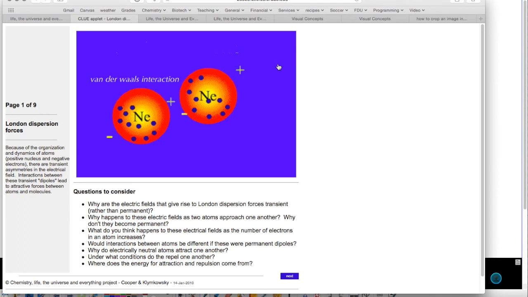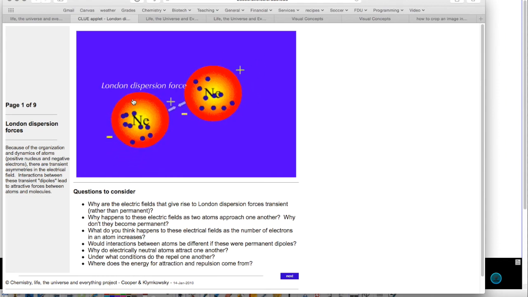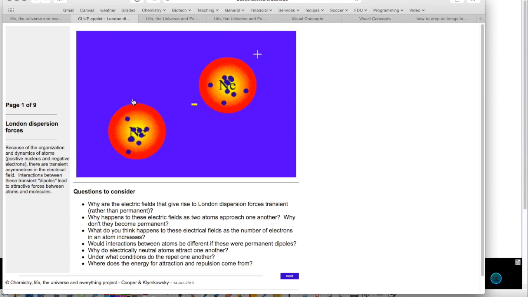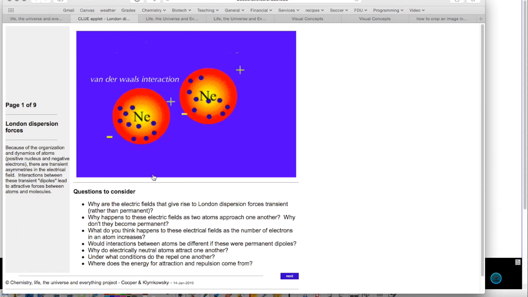Okay, you can see that as these two neon atoms approach each other, now we know that neon is a noble gas, so there is no bond that's going to form between two neon atoms. All right, so as two neon atoms get closer to each other, the electrons kind of repel away from each other.